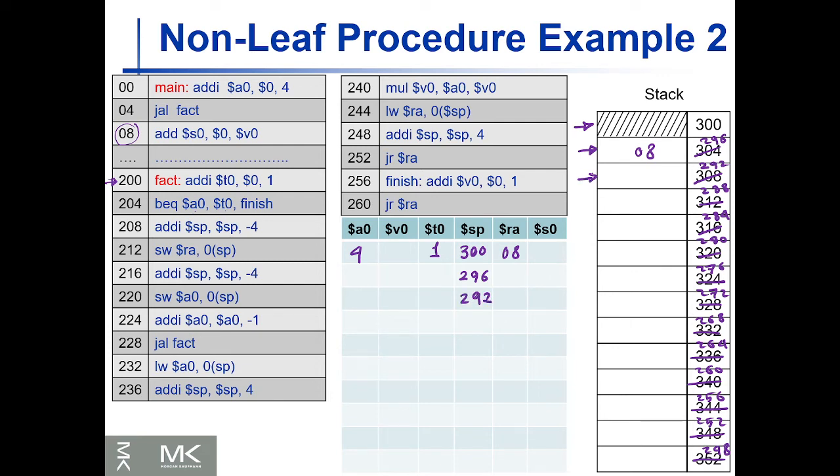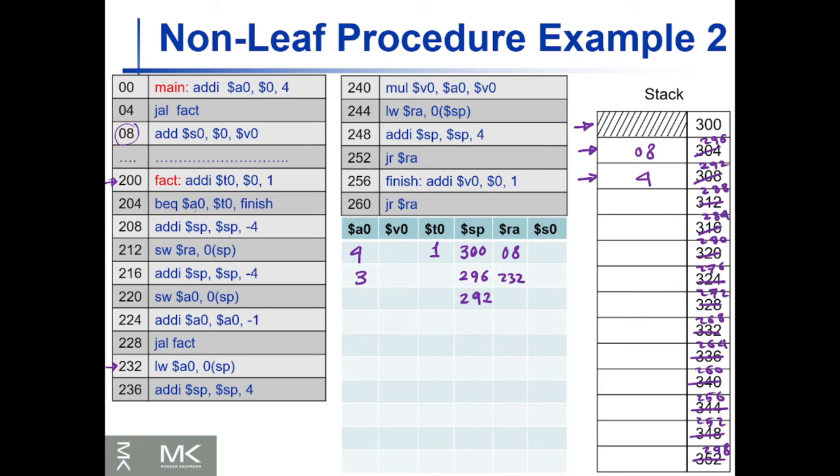So we're now going to that location. We're gonna store A0, so we're gonna store 4 here. Addi A0 minus 1, so A0 becomes 3. Jump and link, so we're gonna store the 232 in RA, to fact, so we're gonna go to fact again.